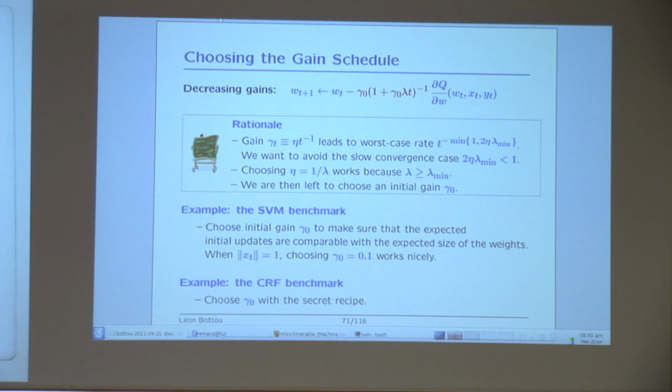So, no, sorry, it's the other way around: lambda min is greater than lambda. I can use my lambda there and make sure that eta is greater than 1 over 2 lambda min, and then I'm fine. There is actually another way to do these things, but I'm going to describe it later.